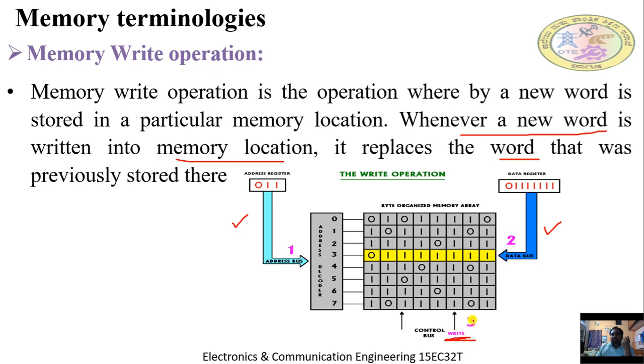Once the controller issues this command, whatever data is on the data bus will be written into the selected memory address, whose address information is in the address bus. So this is how the memory write operation is carried out.